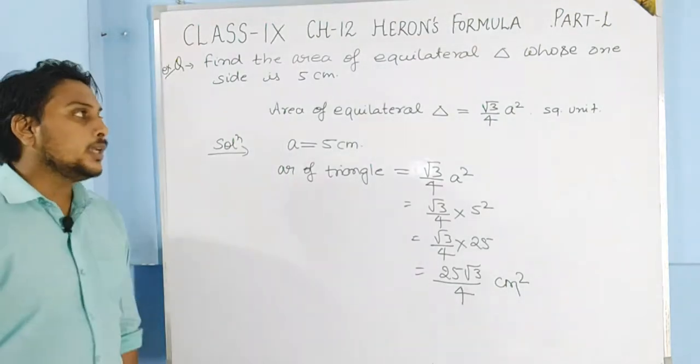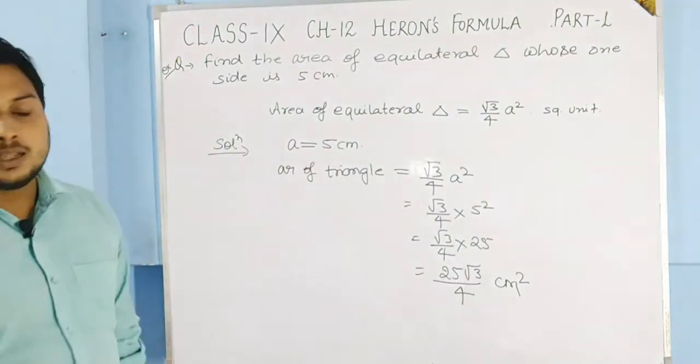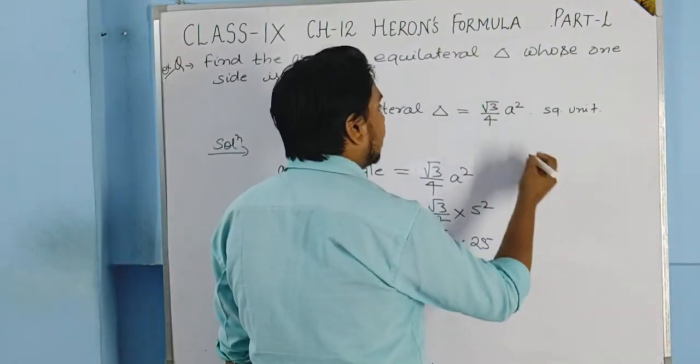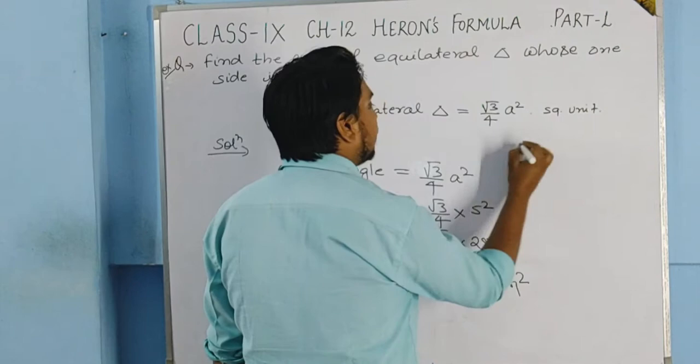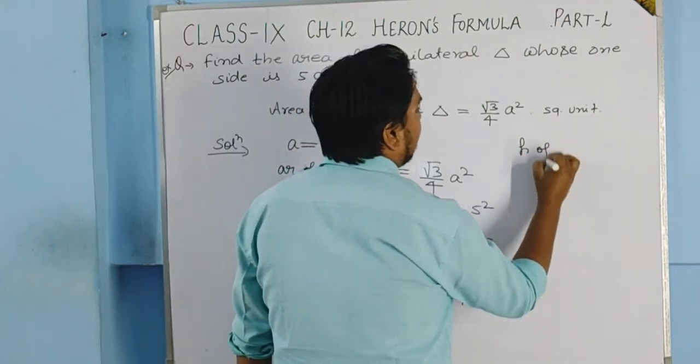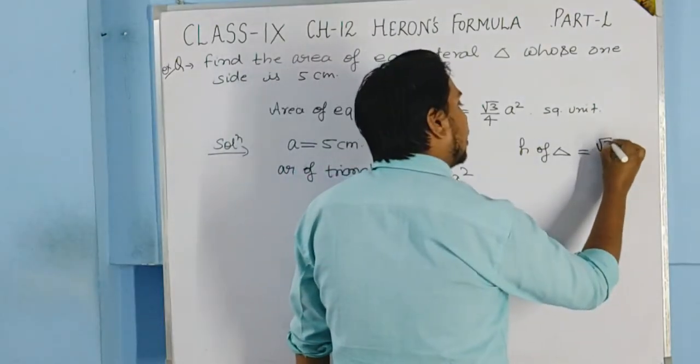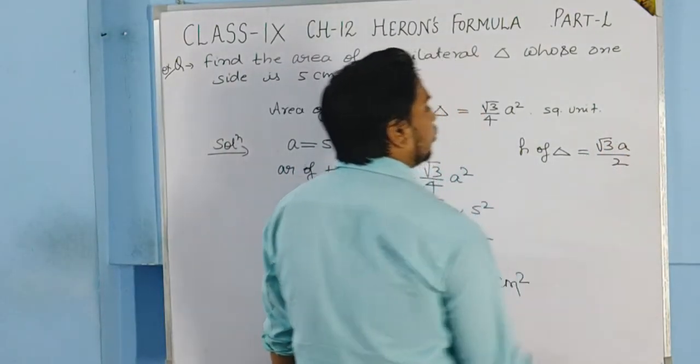Also students, it can be asked what the height of the triangle is. We know very well, when we were proving the formula, the value of height was root 3 a by 2.